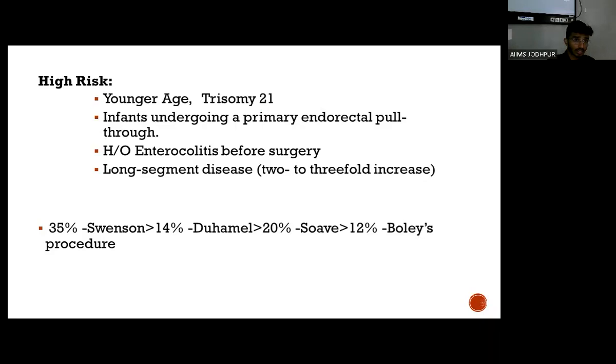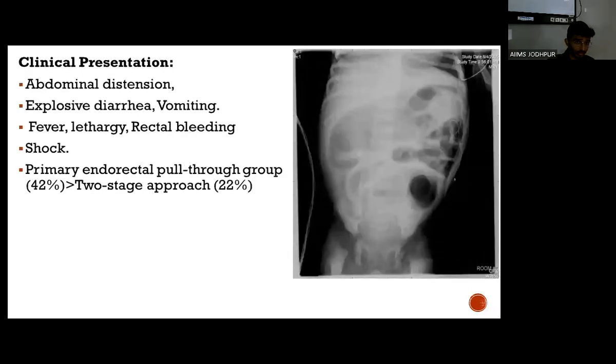It is said that Swenson's procedure, followed by Duhamel and Soave's procedures, have a higher risk of enterocolitis. The clinical presentation of enterocolitis is abdominal distension, explosive diarrhea, foul-smelling stool, vomiting, fever, lethargy, rectal bleeding, and shock.